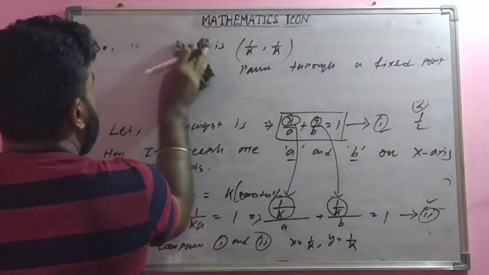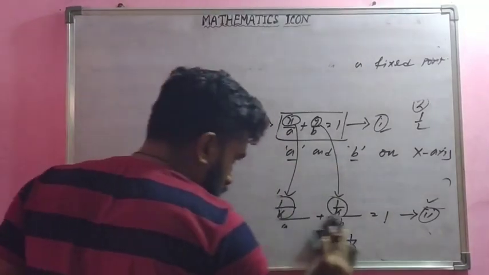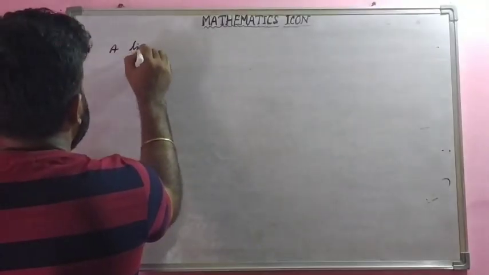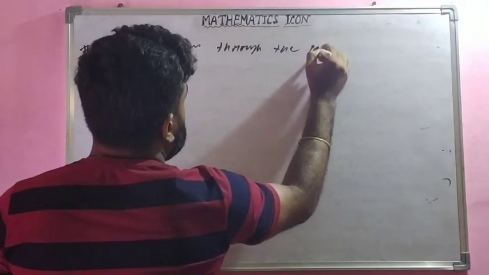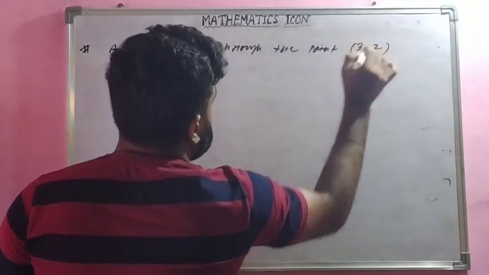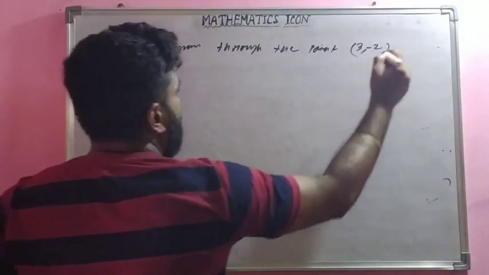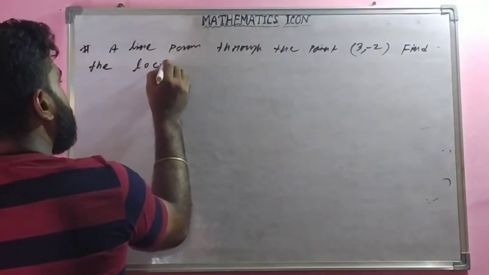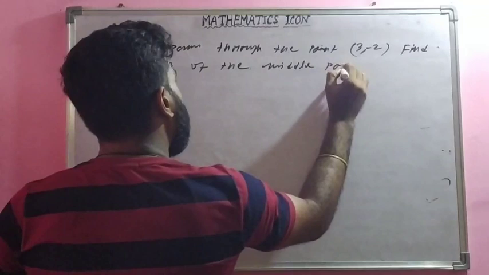A line passes through the point 3 comma minus 2. Find the locus of the middle point.